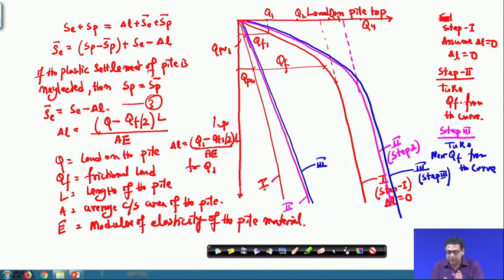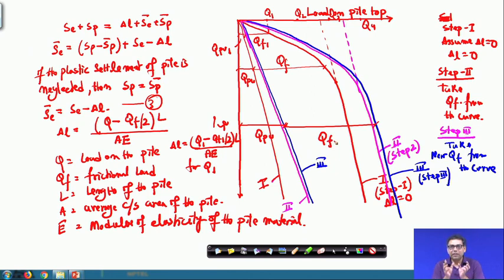So, you repeat and continue this process until 2 successive curves overlap each other. Okay. So, once they overlap each other, then that is the correct value, because you are doing a trial and error process, and at any point these will give you the QPU and these will give you QF.